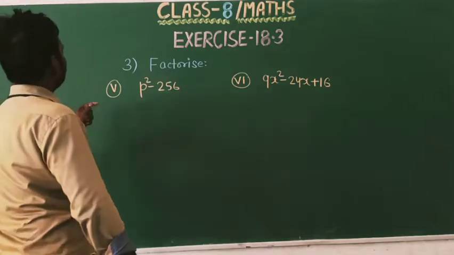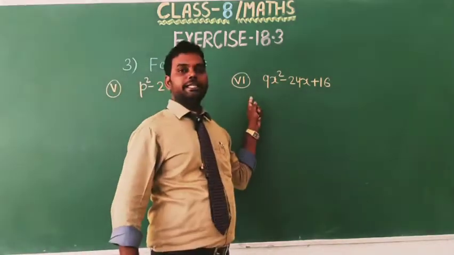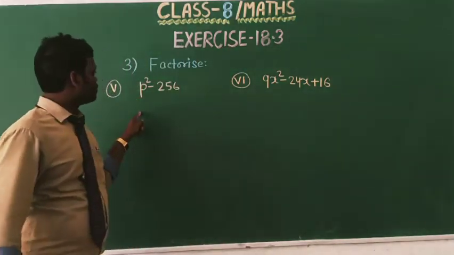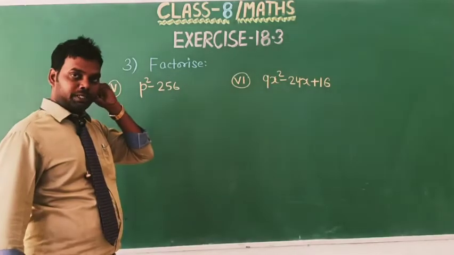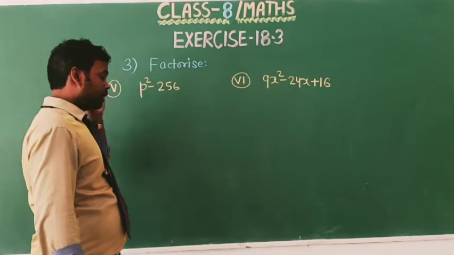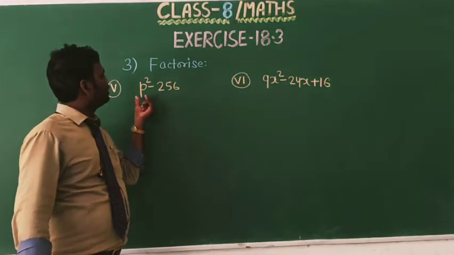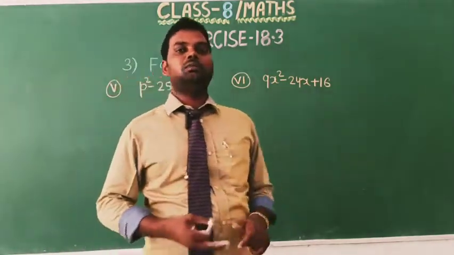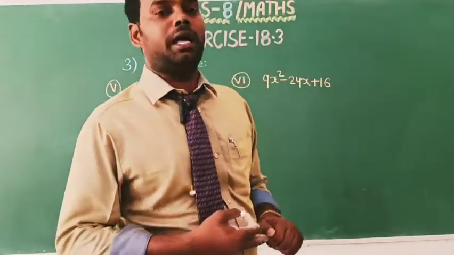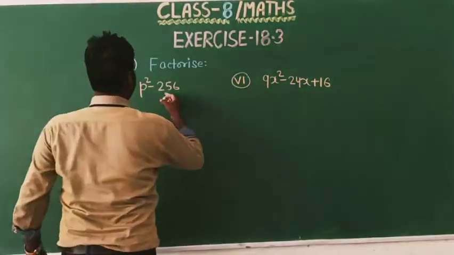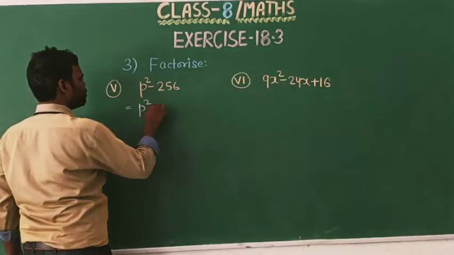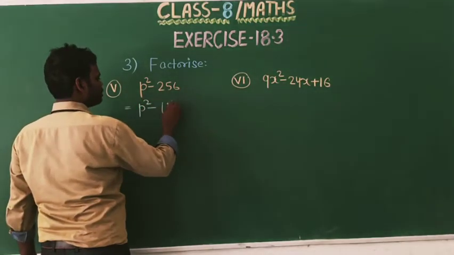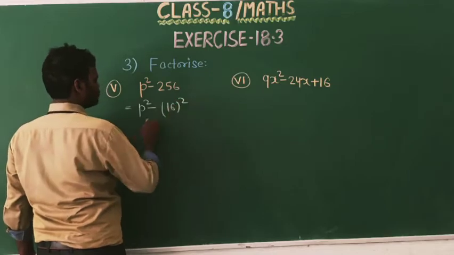Dear children, this is the sixth part of question number 3, p square minus 256. Note that the first and second terms are perfect squares. So this can be written as p square minus 16 whole square.